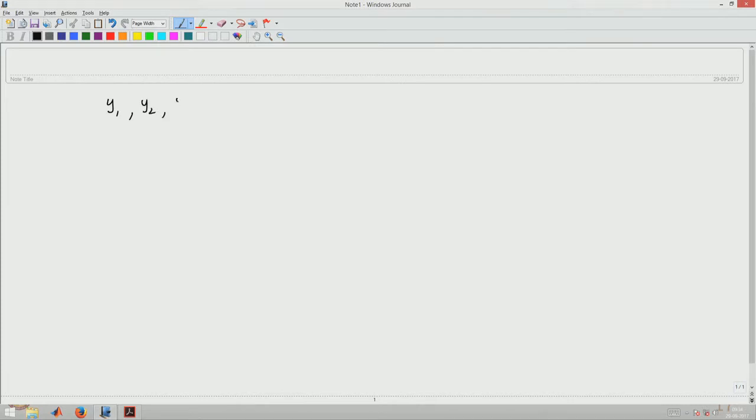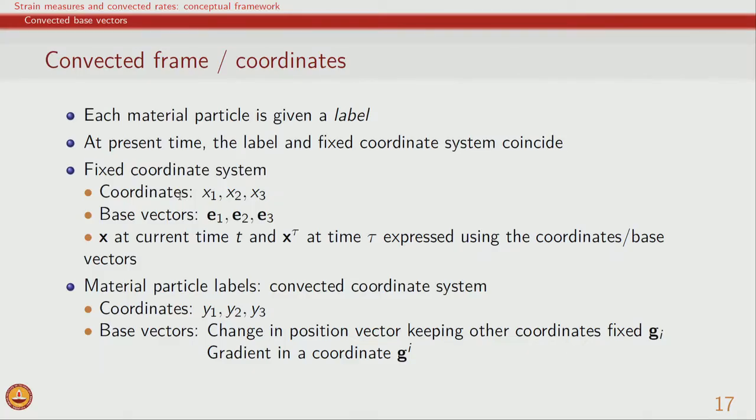To understand this further, we have a set of generalized coordinates, and the grid which is representing this, because there is deformation happening, the overall set of points will be moving, and let us say in 2 dimensional representation this is the y1, y2 point that we are talking about. So, we are asking 2 sets of questions. One: what happens to the change in position of a material particle when the other coordinate remains fixed.